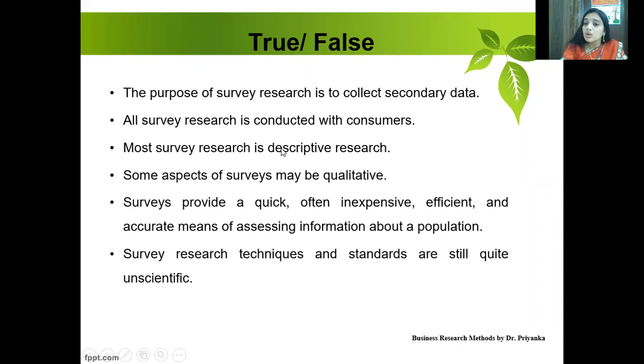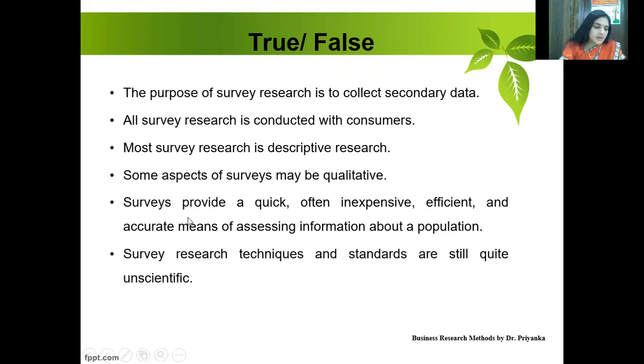We are not saying all the survey research is descriptive, right? If we say that all the survey research is descriptive, then that would be false. And when we say all the aspects of survey are qualitative, then that might be wrong. Or when we say that there is no aspect of survey which might be qualitative, that might be wrong. So when we say that some aspects are qualitative, that's true.